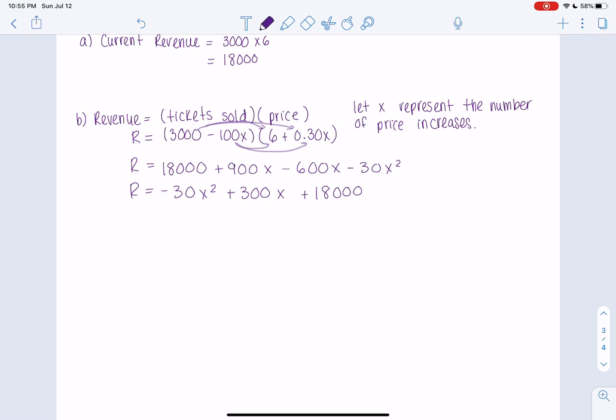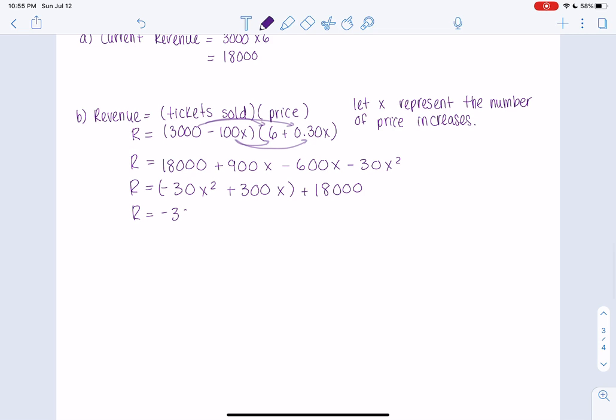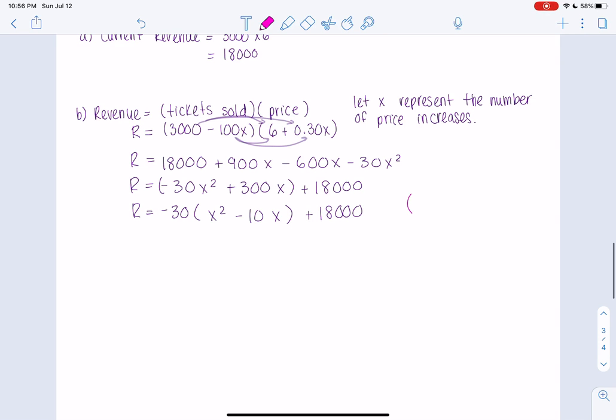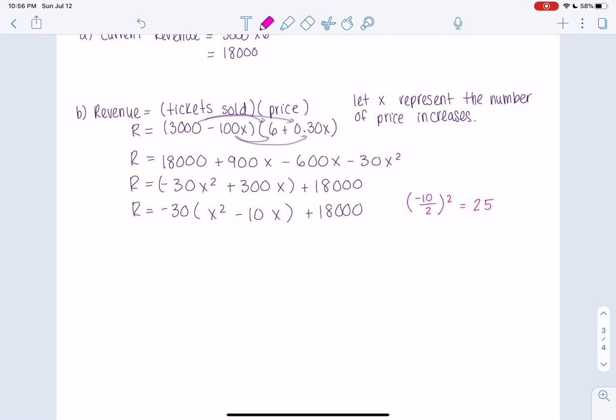And now, because I'm looking for the maximum, I'm just going to complete the square. I think that's the most straightforward method. So again, I start by putting brackets around the first two terms, and then I factor out the number that's in front of the x, so negative 30, x squared minus 10x. Now remember, we need to find that magic number that turns the brackets into a perfect square trinomial. So we take that second number, divide it by 2 and square it. So negative 10 divided by 2 is negative 5, squared is 25.